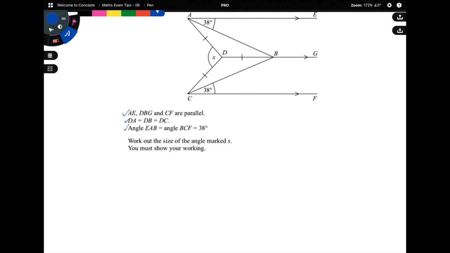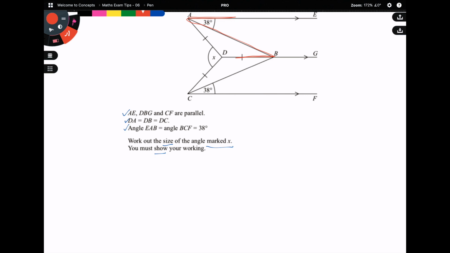Okay, so it says to work out the size of angle marked X, you must show your working. Okay, so here I can see, using my angle reasons knowledge, that I can see a Z here.